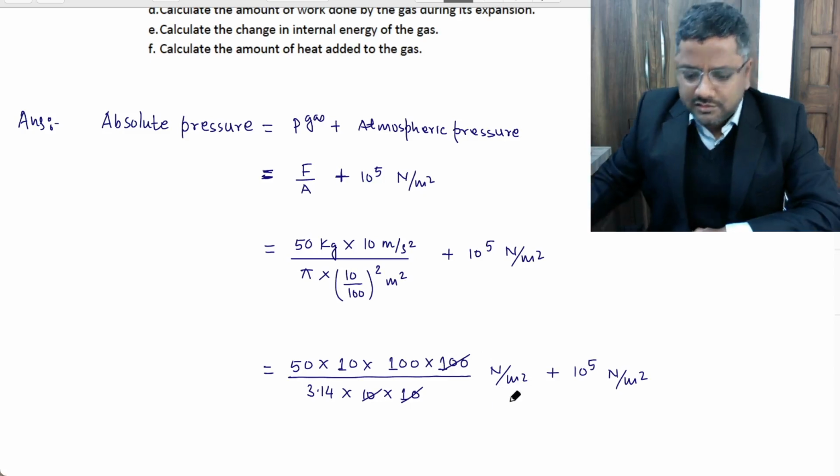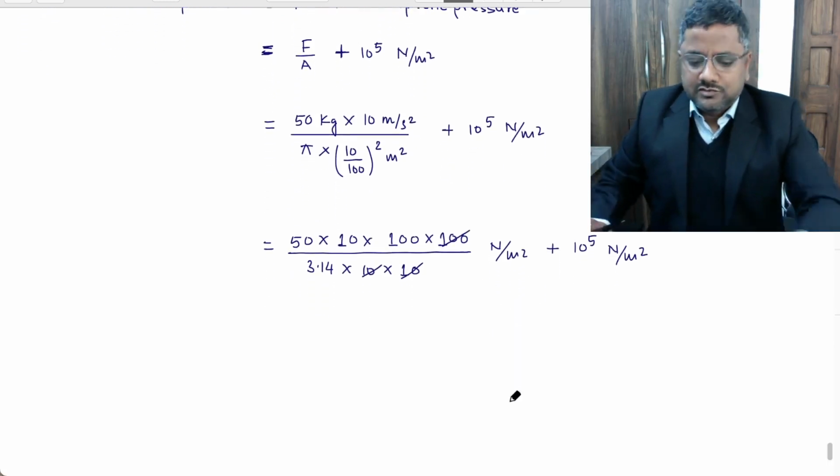So if you can, you will simplify this. After simplifying, you can write this.